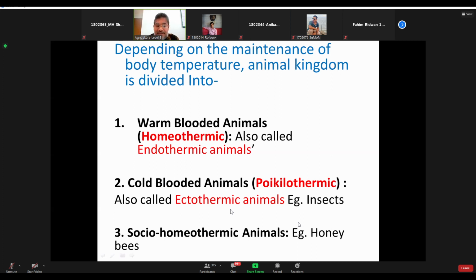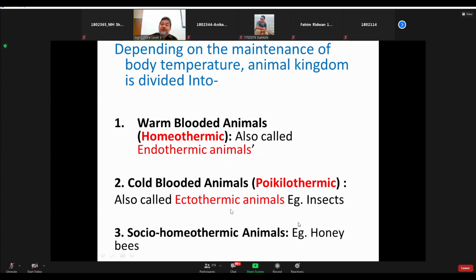Probably in the last class, I told you that you will not find many insects in the colder countries or temperate countries. But in tropical and subtropical countries, you will see a lot of insects. Why? Because insects cannot tolerate too cold temperatures, or even too high temperatures.